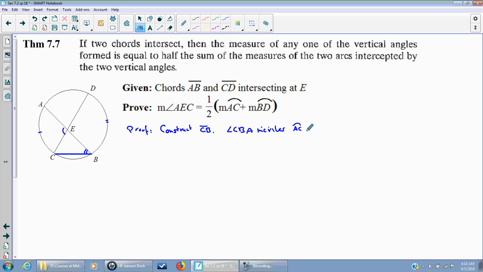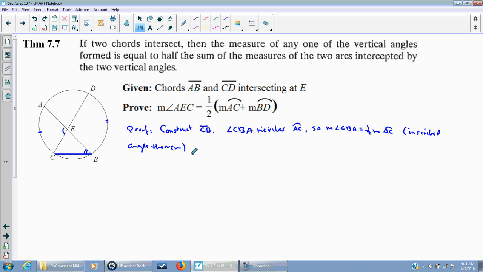And if you go back to your inscribed angle theorem, the measure of angle CBA is 1/2 the measure of the arc AC, and this is your inscribed angle theorem. And I forget the number of that one.